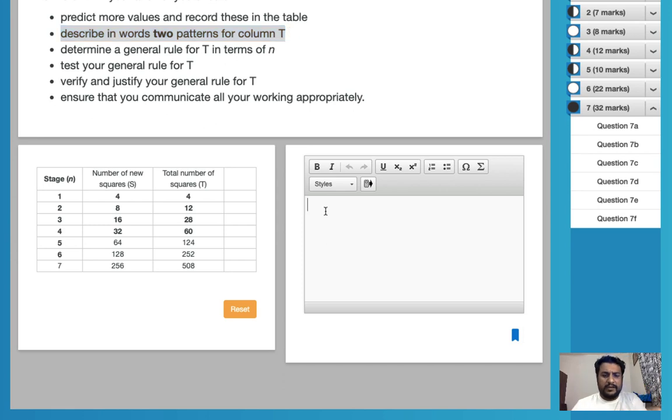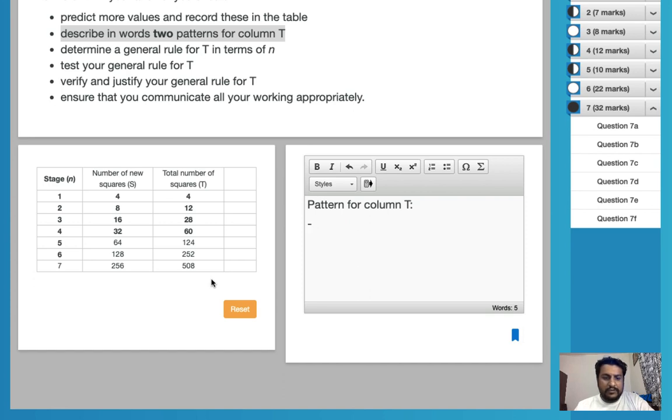Now I write down the pattern for column T. Describe in words two patterns, so you have to include two patterns over here. One of the patterns can be written as: all the values are divisible by 4. Yes, or you can say multiples of 4.